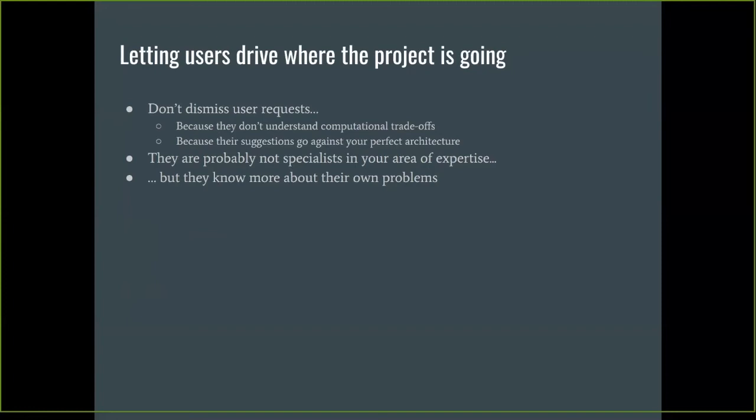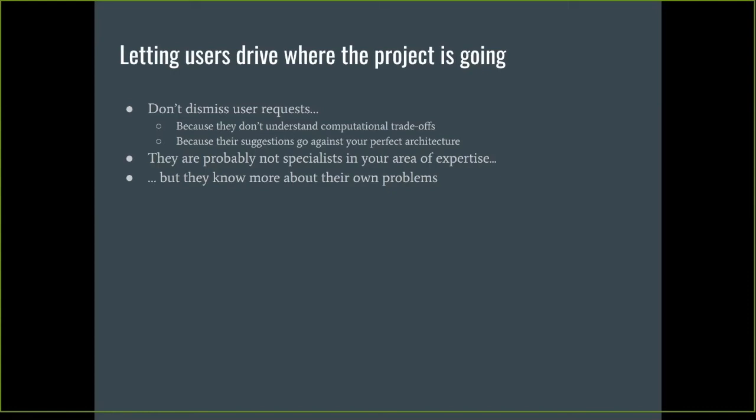We try to not dismiss user requests because they don't understand the computational trade-offs for the tool, or because their suggestions go against our perfect architecture. But this is really hard advice to follow. At least for me, my gut feeling always screams, no, dude, this will destroy my perfect little castle.